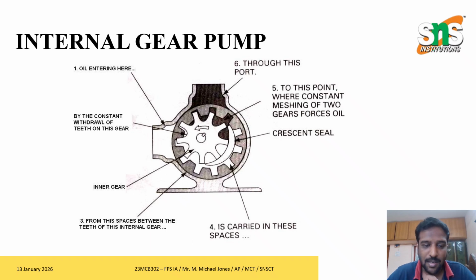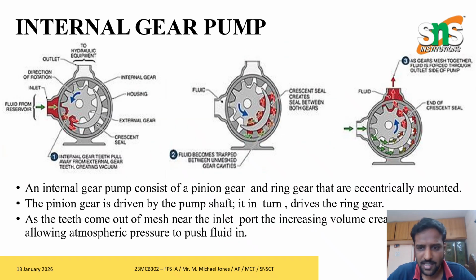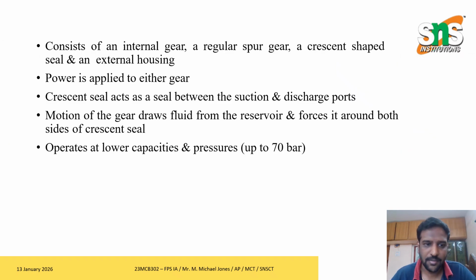On one side the fluid enters the casing, and on the other side the fluid exits. All four stages are very clearly shown in the figure here, and the stages are also mentioned. The fluid enters when the gears unmesh, travels across the crescent seal, is pressurized, and moves to the discharge side.